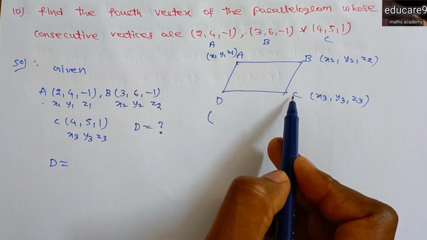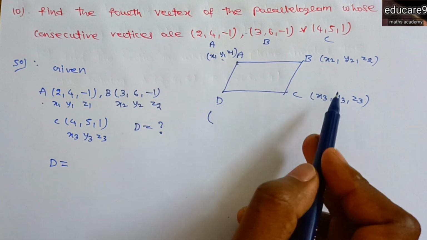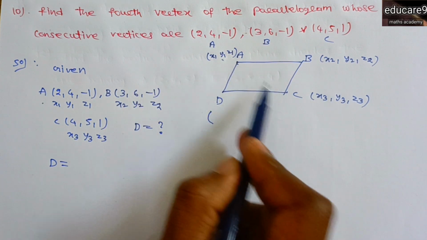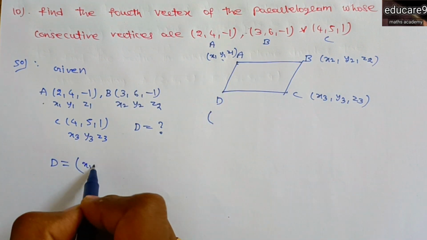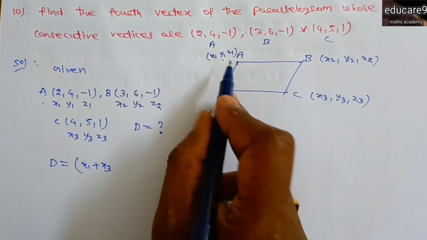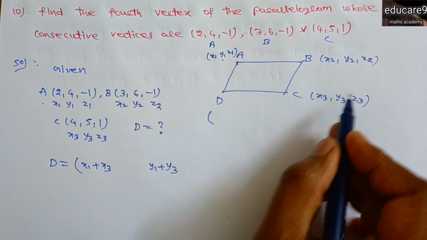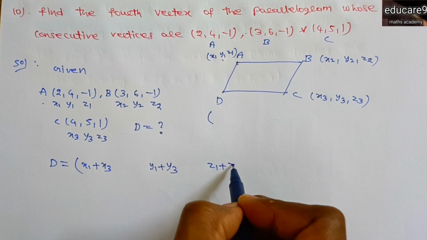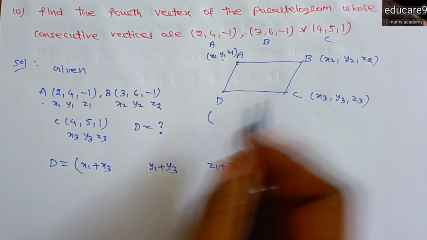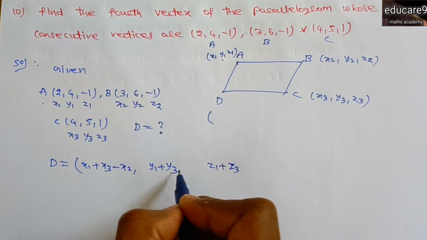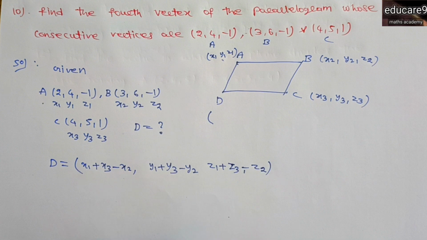A and C. So add the x, y, z coordinates of the connected vertices, that is x1 plus x3, y1 plus y3, z1 plus z3, and subtract the opposite vertex: minus x2, minus y2, minus z2.